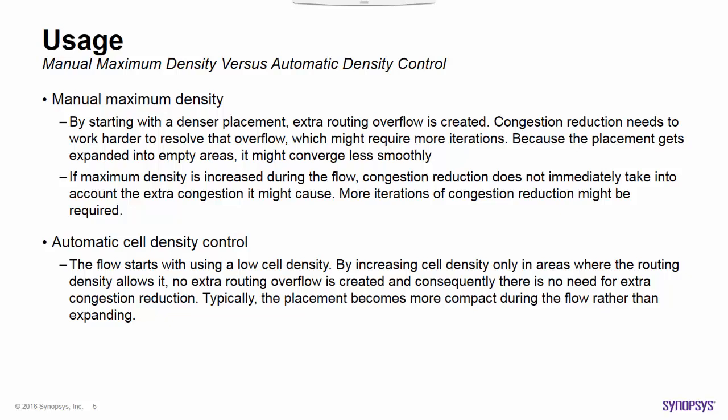However, with this new feature, that is auto cell density control, it uses a low cell density at the start of the flow and then it increases the cell density in the areas where routing density allows it. Hence it reduces the extra congestion reduction and ultimately helps in runtime.